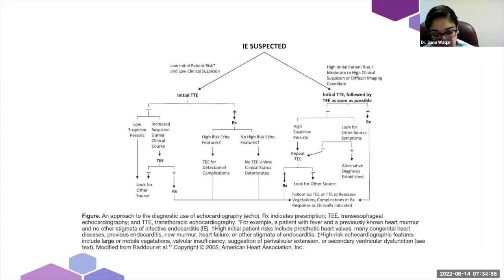So going back to our patient, if our patient had a toe abscess and had 1 set of blood cultures positive on admission, and then we repeated them 24 hours later and it was negative, and then his foot abscess and the blood had the same isolate of bacteria, and the patient had no other risk factors, we got a TTE.